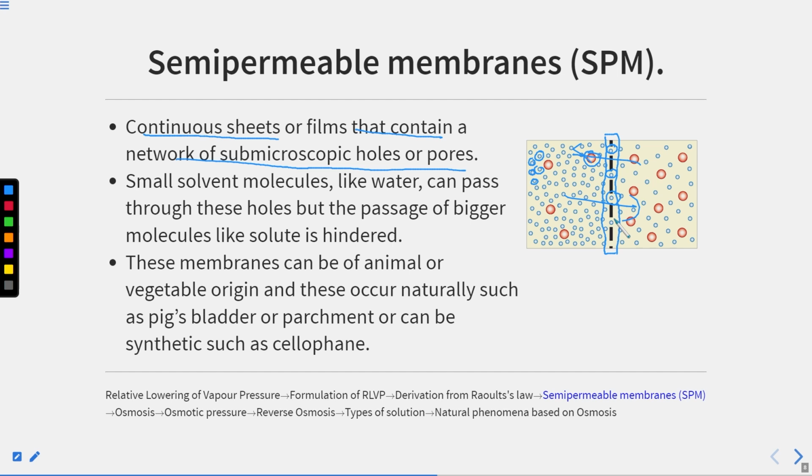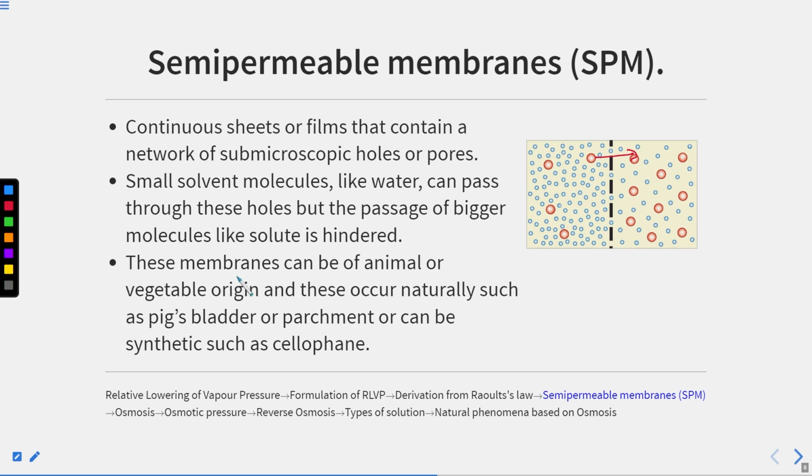That's it. And the remaining solute particles, since they are greater in size, cannot pass through because of the greater size and the smaller cavity present between the pores.